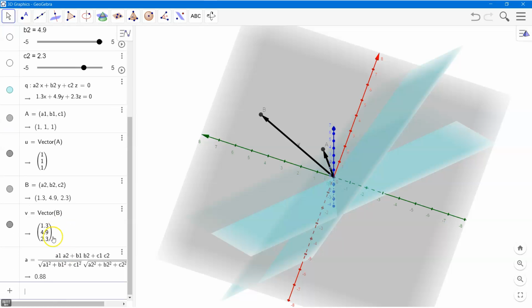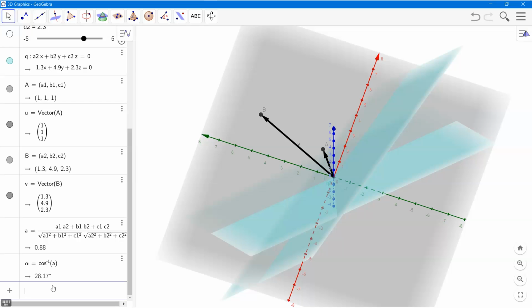So this gives us 0.88. Now this is the cosine. So cos inverse of A would give us the angle.